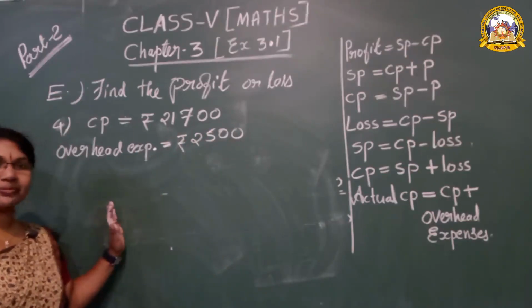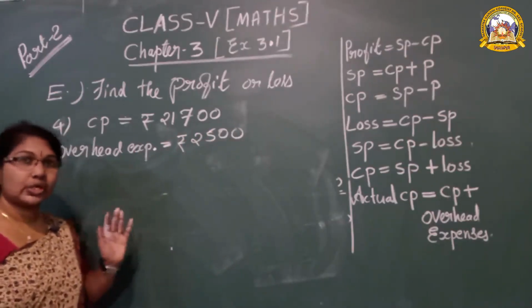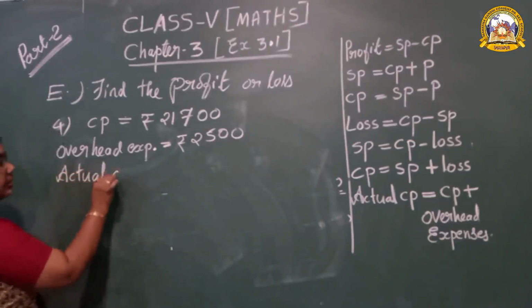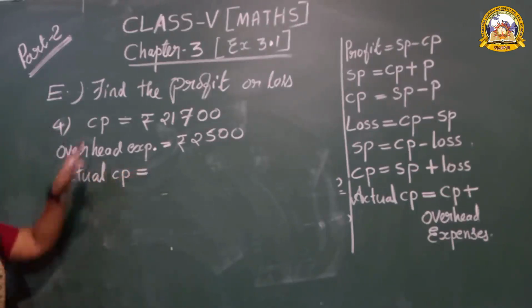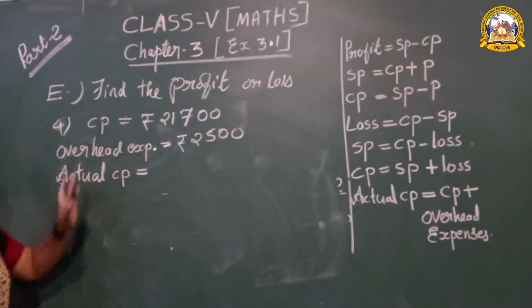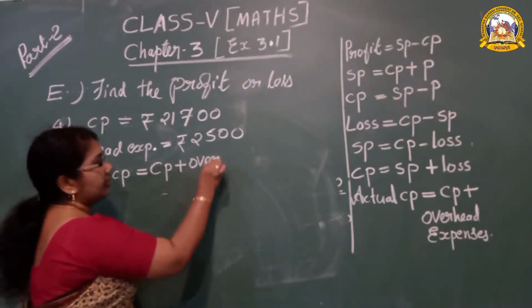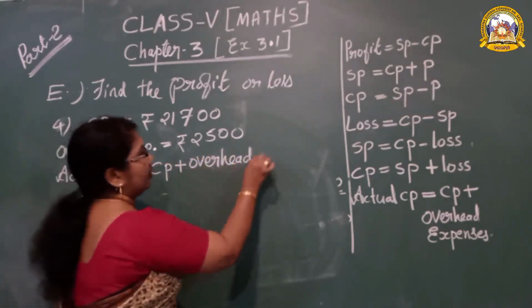Now what we have to do? We should find out actual CP. How to find out? CP plus overhead expenses.